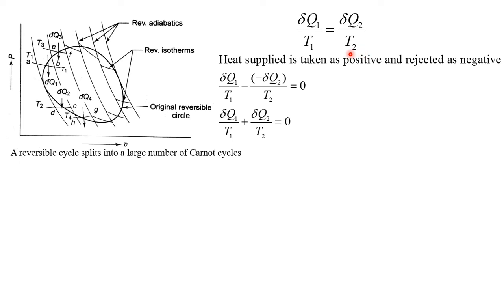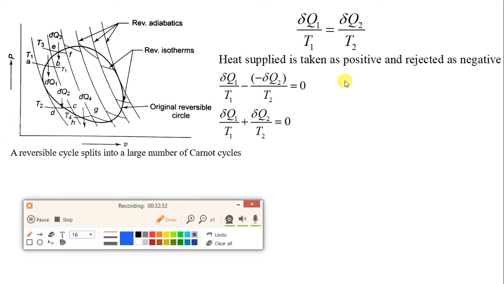Now what we will do is, we take this term on the left hand side. So it will become negative. So delta Q1 upon T1 minus delta Q2 upon T2 is equal to 0. Now this delta Q1 is heat added inside the cycle, so it will be positive.